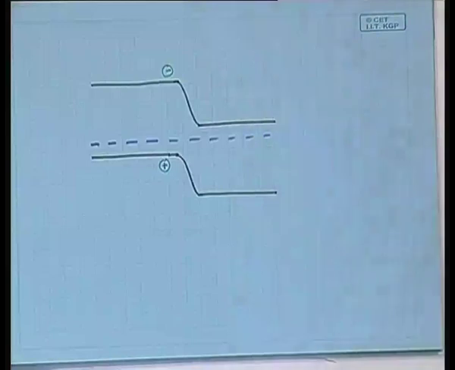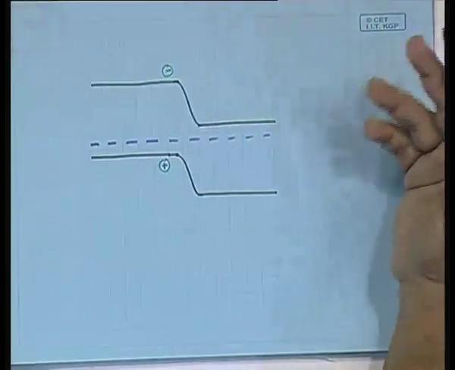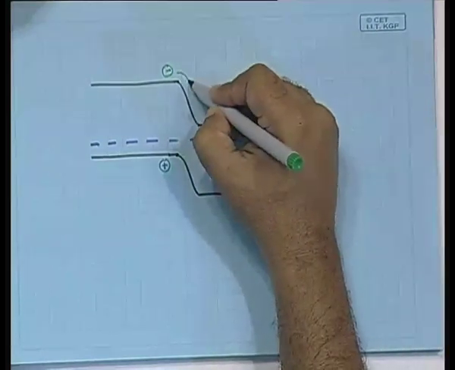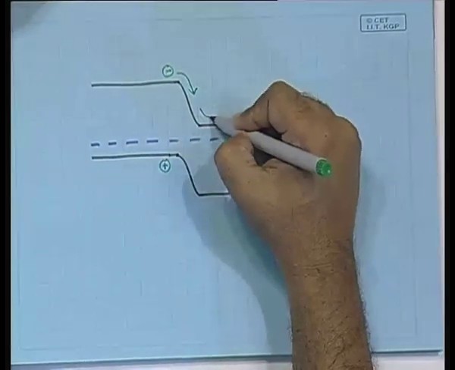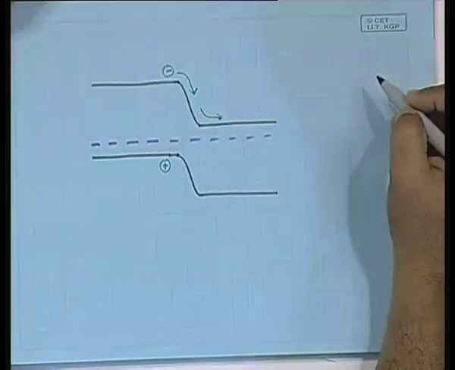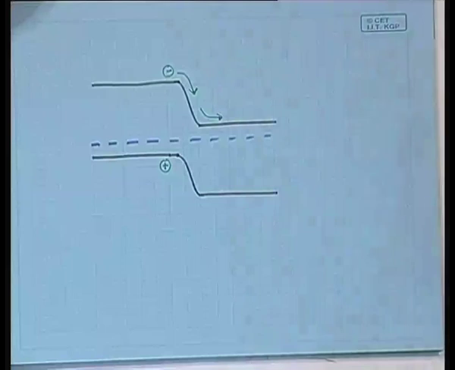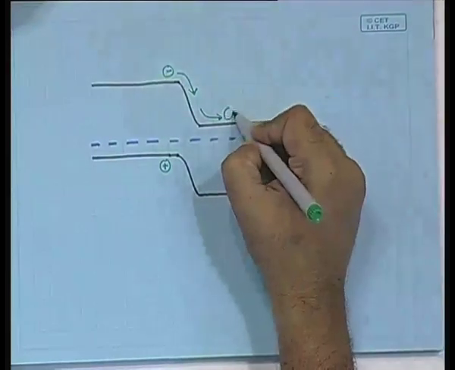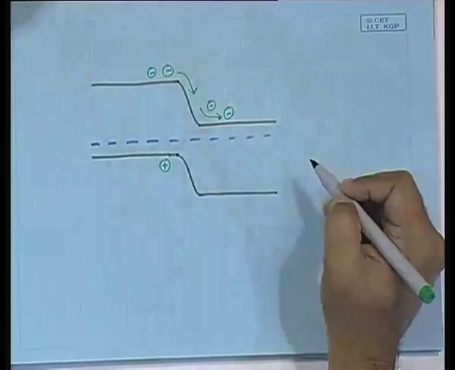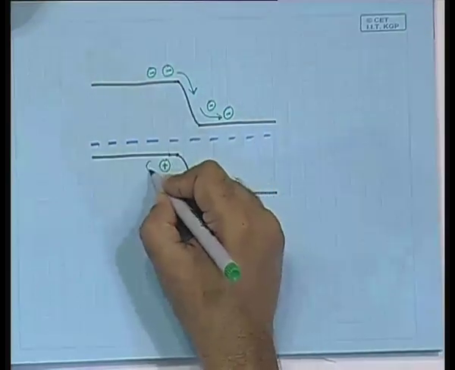Now, electrons have the natural tendency of flowing downhill. So, it will naturally go like this. Supposing more electrons are created somewhere here and holes have been created somewhere here.